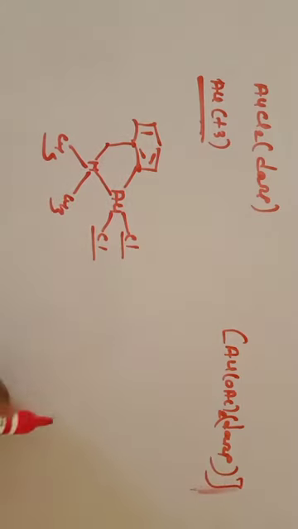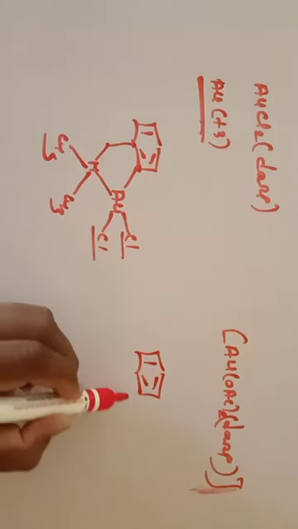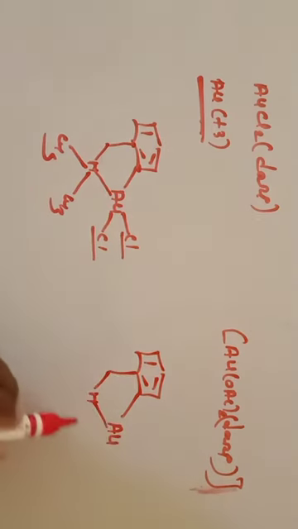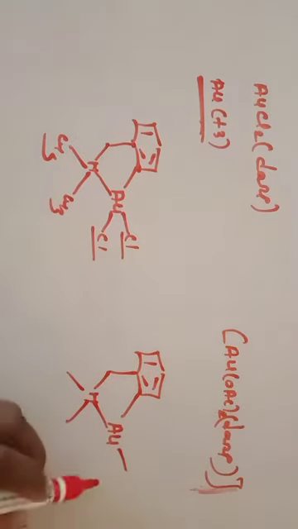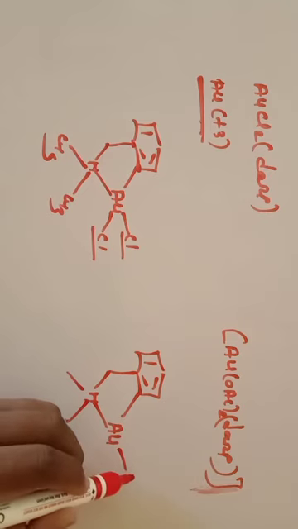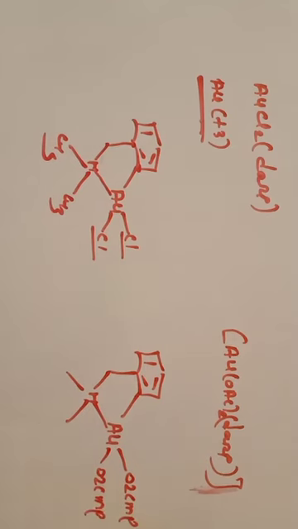Again, if you consider its structure, it is similar, only with the replacement of the chlorine ligands by OAc, acetoxy groups, that is O2CMe. Again, in this case, the complex has gold in +3 oxidation state. So these are a few complexes in which gold is in +3 oxidation state and has anti-tumor activity.